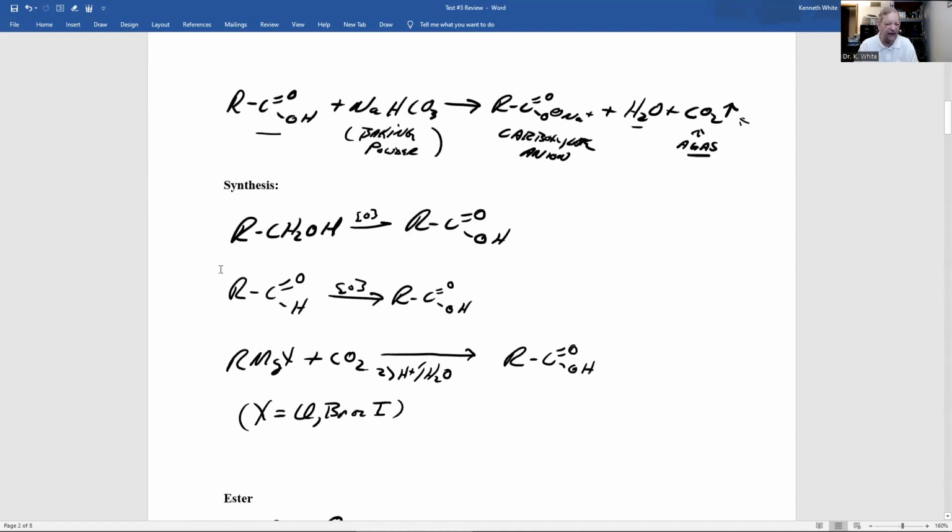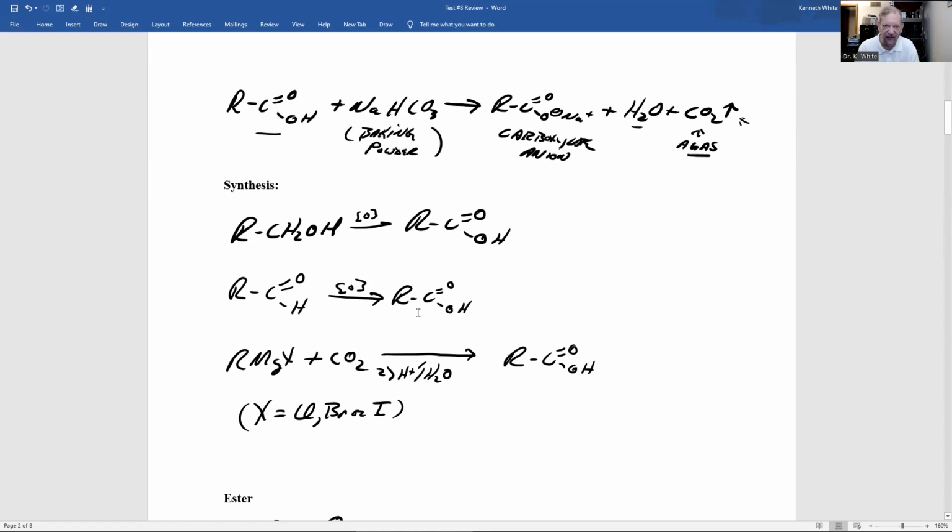Now, how do you make a carboxylic acid? Well, you can take a primary alcohol and oxidize it to a carboxylic acid. You can also take an aldehyde and oxidize it to a carboxylic acid.